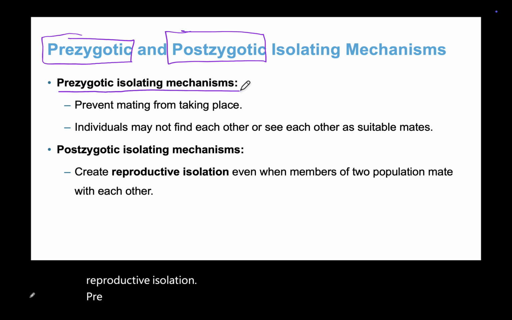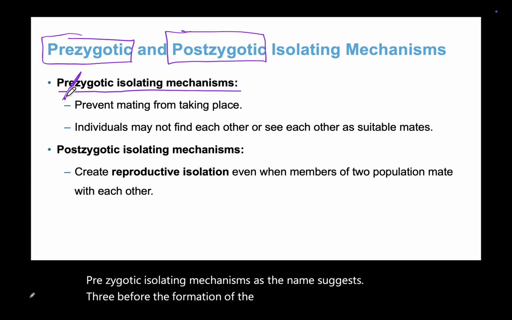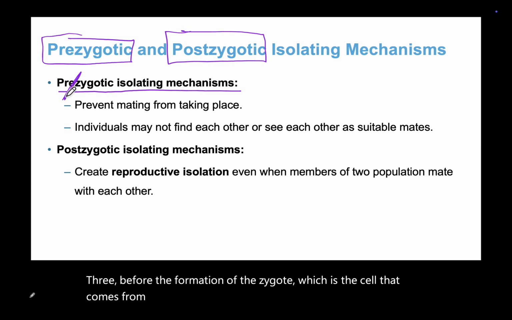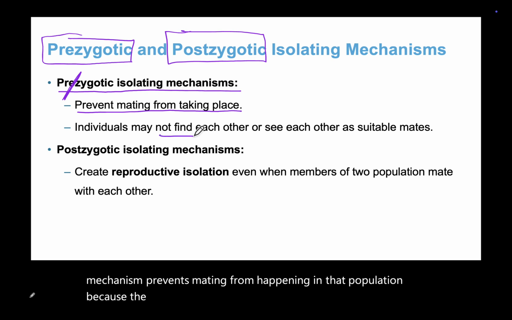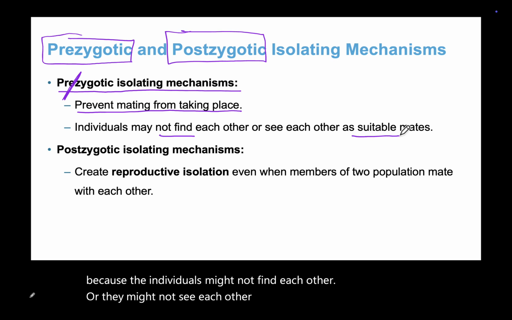Pre-zygotic isolating mechanisms, as the name suggests, act before the formation of the zygote, which is the cell that comes from the combination of the sperm and the egg. Here, the mechanism prevents mating from happening in that population because the individuals might not find each other, or they might not see each other as suitable mates.